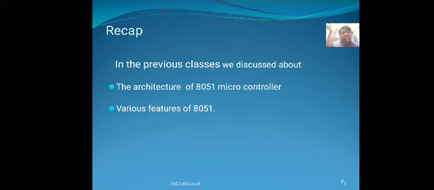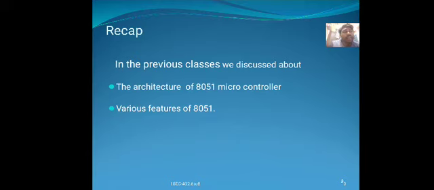The first chapter is the architecture of the 8051 microcontroller. The important topic is the pin diagram of the 8051 microcontroller. There are 40 pins: 4 ports, the reset pin, the crystal connection pins, the program store enable pin, address latch enable, external access pin, ground and VCC. We discussed the entire pin diagram.